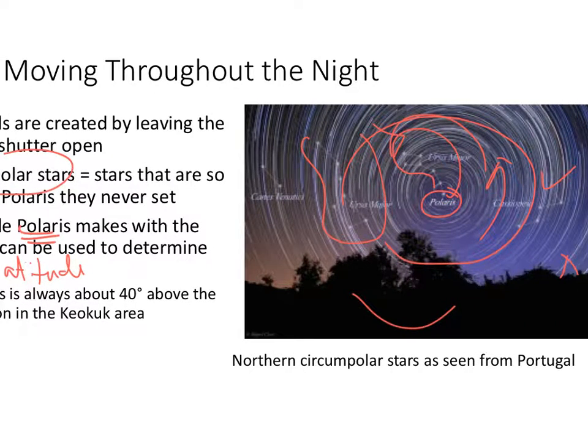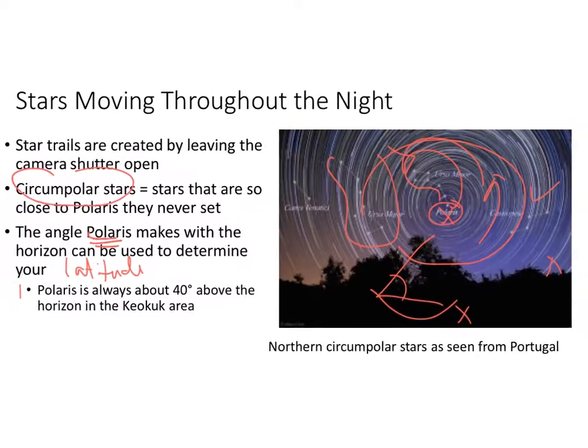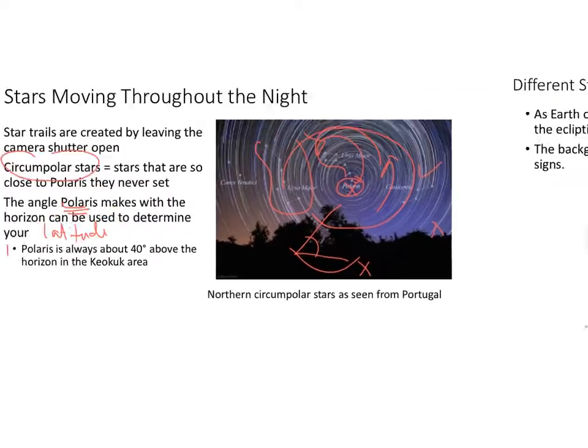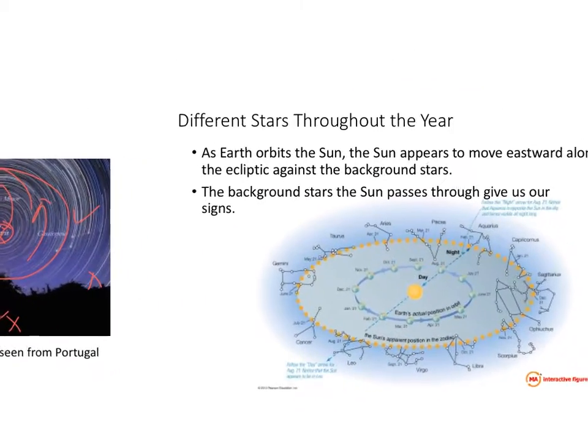So if I was in front of you, we're going to put one hand out and point it at the horizon, and take our other hand and point it at Polaris. The angle that your arms make is this angle right here. Okay, that actually is your latitude. All right, so for us, Polaris is about 40 degrees above the horizon. So our latitude is about 40 degrees.